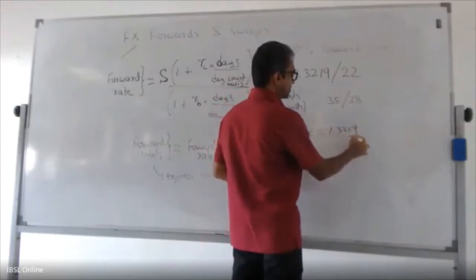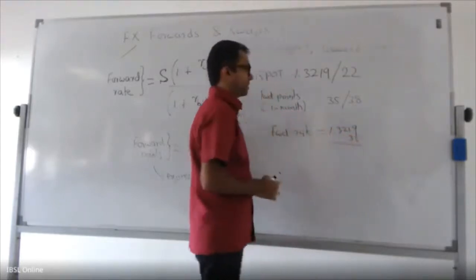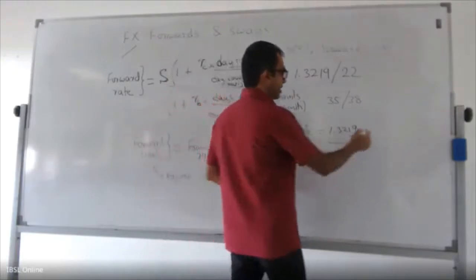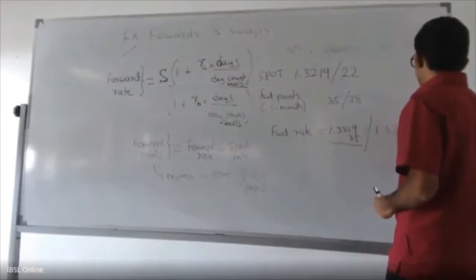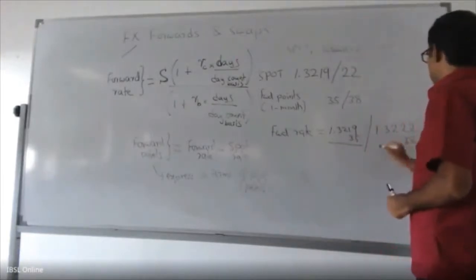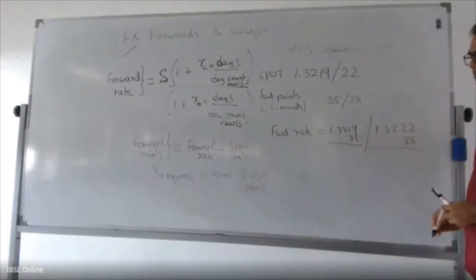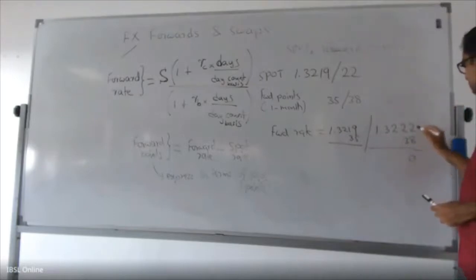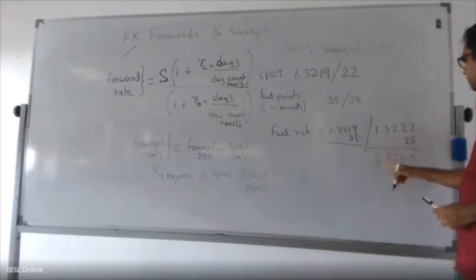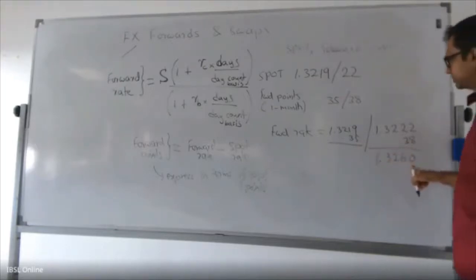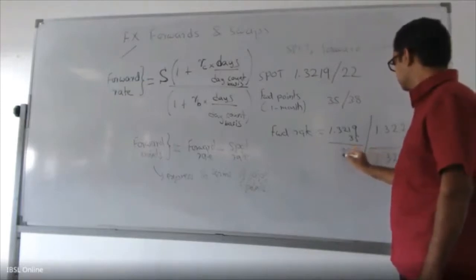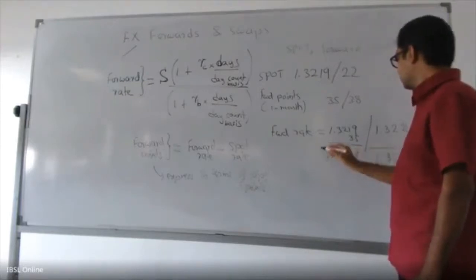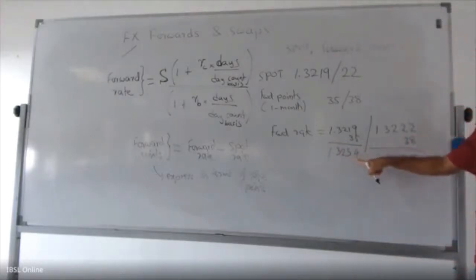So it would be 1.3219 plus 35 and 1.3222 plus 38 points. $1.3260 is the offer, and $1.3254 is the bid.